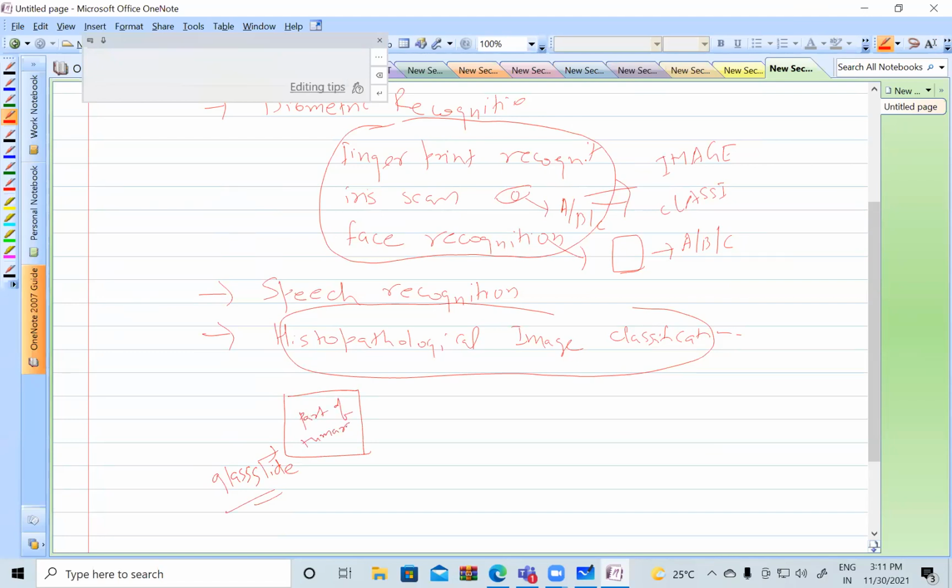The part of the tumor will be spread on this glass slide, and we take the microscopic view of this glass slide.